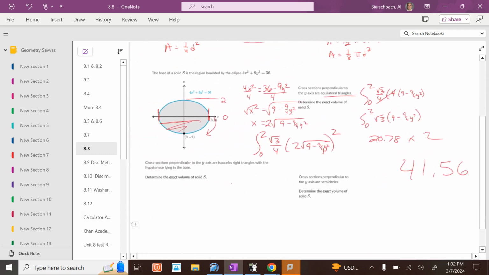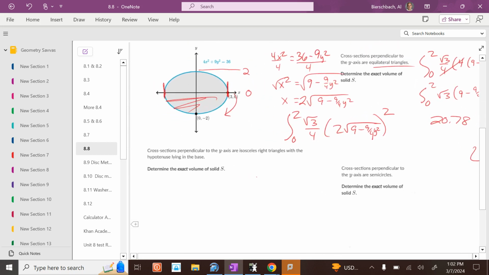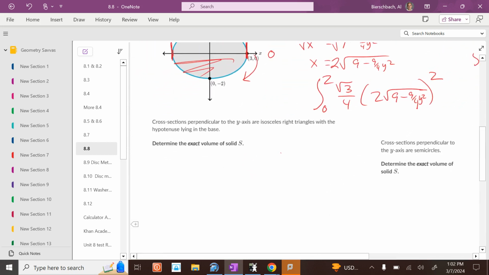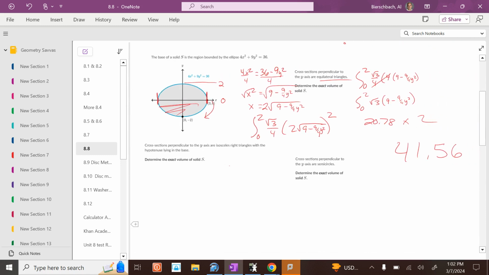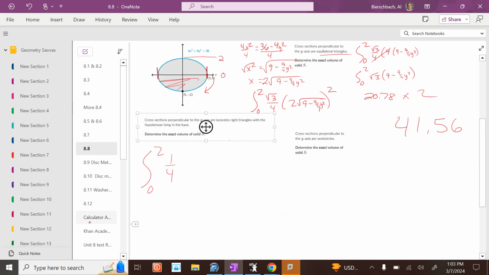Okay? So now if they're isosceles triangles, the only difference of what you do is 0 to 2. If they're isosceles right triangles, then you go 1/4 d squared, right? Yep, 1/4 d squared, 1/4 times 2 square root of 9 minus 9/4 y squared, and square it.